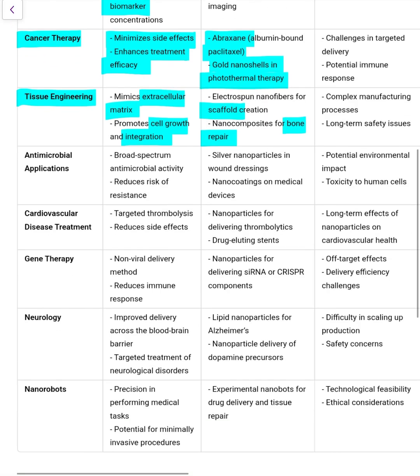Next is antimicrobial applications. For example, wound dressings are coated with silver nanoparticles, which we know have antimicrobial activity, right? One more example is nano coating on medical devices, guys.